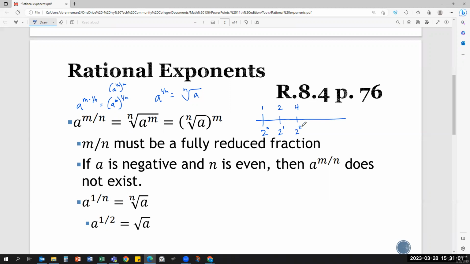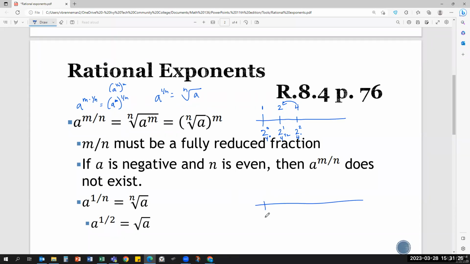Now, what's the square root of 4? 2. So if I want this to be base 4, we have 4 to the 0 is 1, 4 to the 1 is 4, and then halfway between there, 4 to the 1/2 is 2. So you can see that fitting with the idea of half.